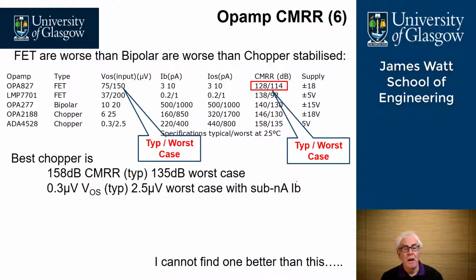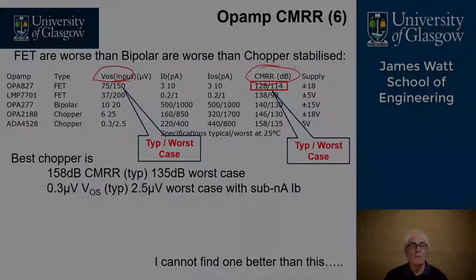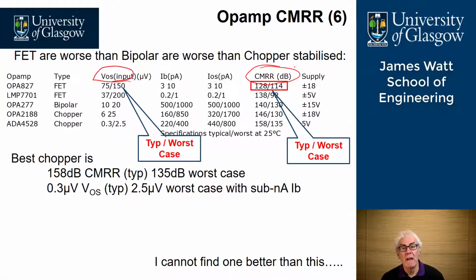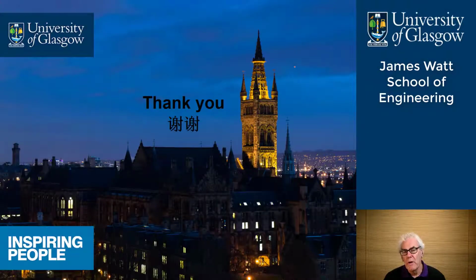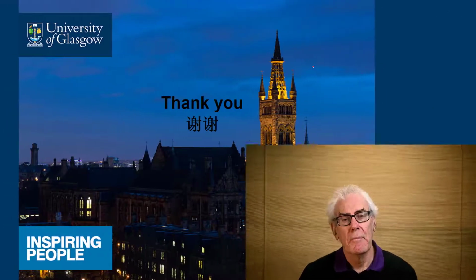Here we have a few different typical op-amps, and in each case, we're looking at the offset voltage and the common mode rejection ratio. The very best performing amplifier that I found was an ADA4528, which had a common mode rejection ratio of 158 dB typical.